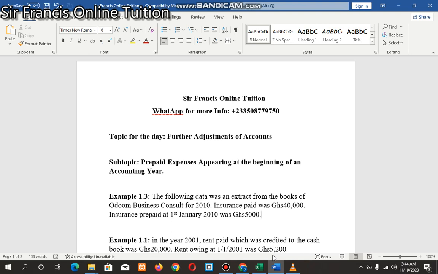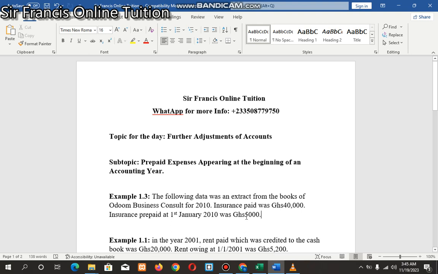Even though the payment was made in the previous year, the benefit will be consumed in the coming year or in the current year. So because it's relating to the current or the coming year, it should be added or debited to that relevant expense account that we paid for.